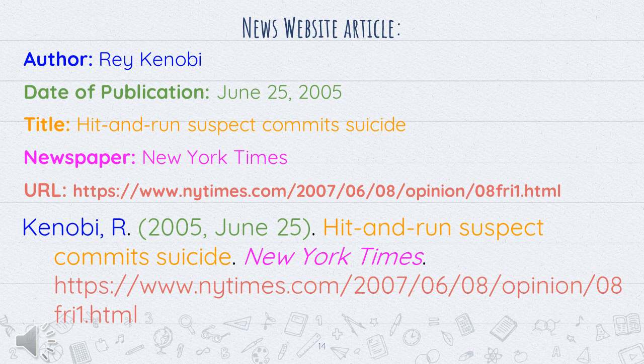So, we have to include 2005, which is the year of publication, comma, the month, which is June, and then the date, which is 25, close parenthesis, period again, and you can now insert yung title.